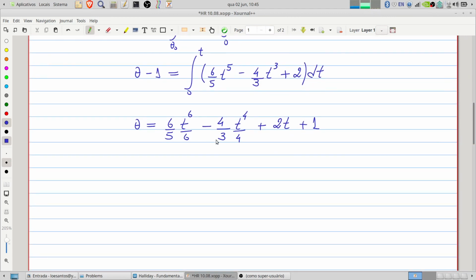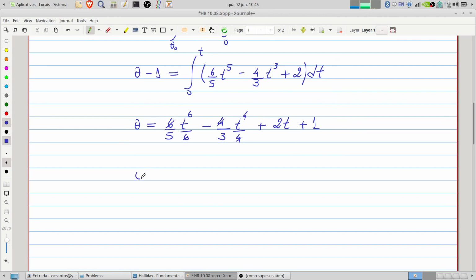And here we have the position as a function of time. You can simplify this before finalizing the problem, because you can cancel this and cancel this.